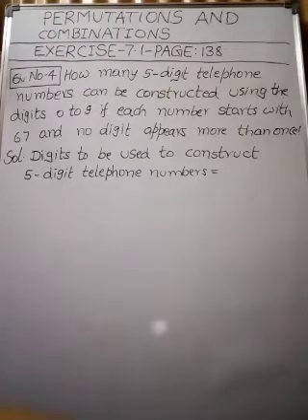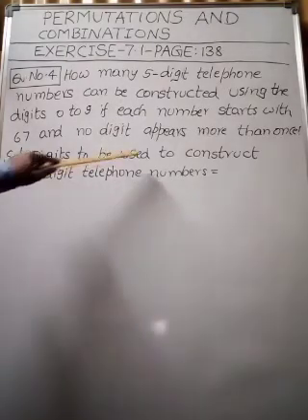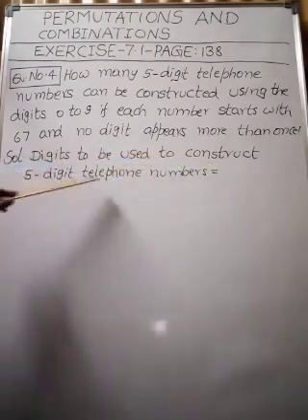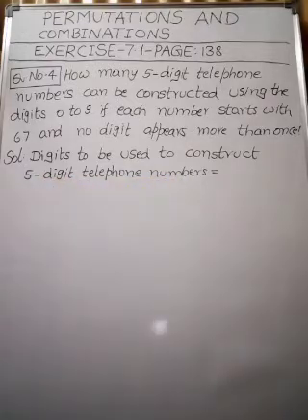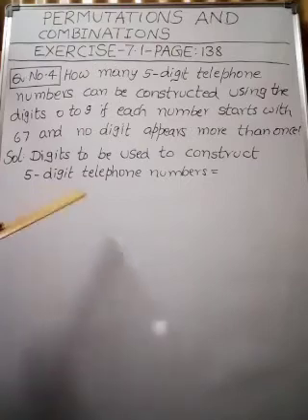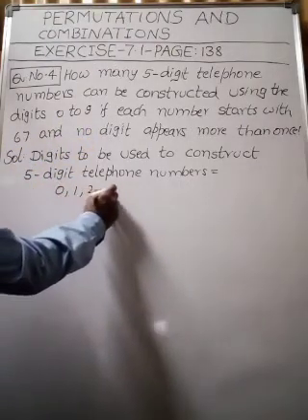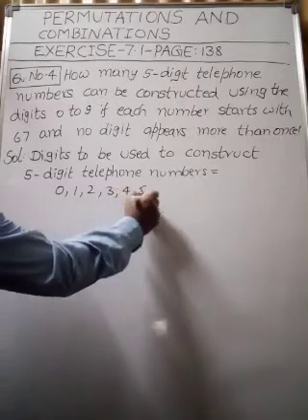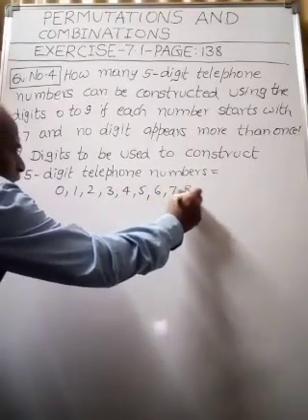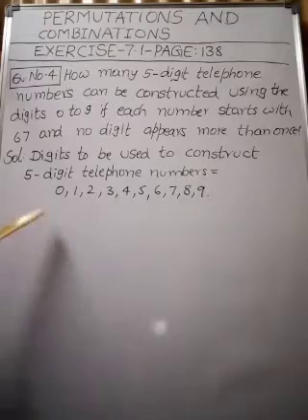Okay, my children? Right. Come to the solution part. Digits to be used to construct 5-digit telephone numbers. Which digits are to be used to write 5-digit telephone numbers? 0 to 9. So 0, 1, 2, 3, 4, 5, 6, 7, 8, 9. Okay, my children?